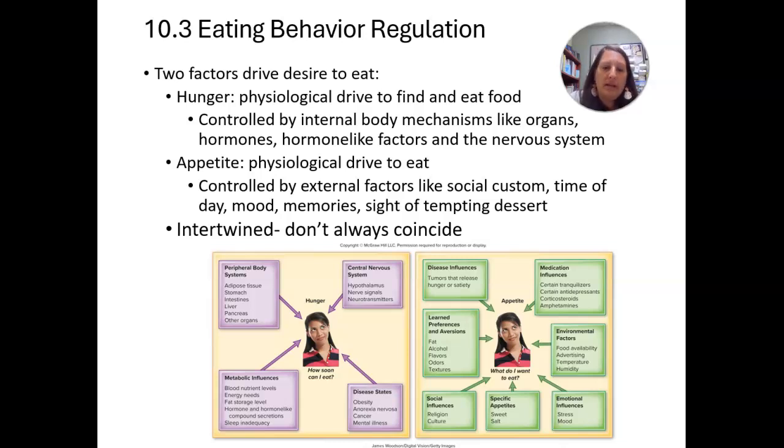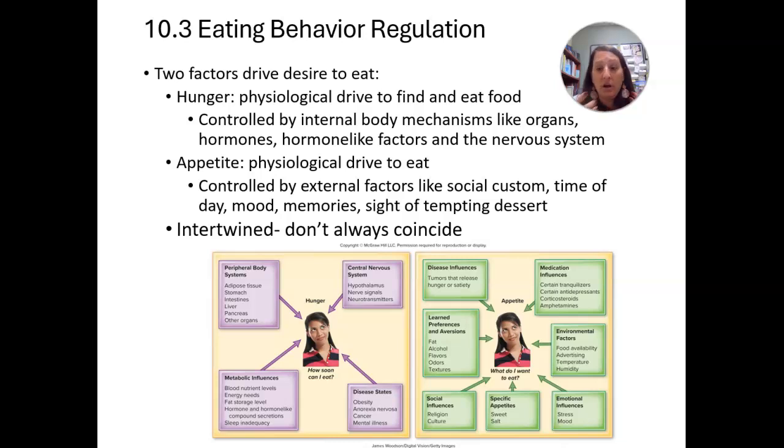So organs, hormones, hormone-like factors, nervous system, neurotransmitters, they're going to control hunger. Appetite, again, is the physiological drive to eat, but this time it's controlled by external factors like social customs, time of day, what mood we're in, if we're stressed out, memories, sight of tempting desserts. And so again, these are intertwined, but they don't always coincide.